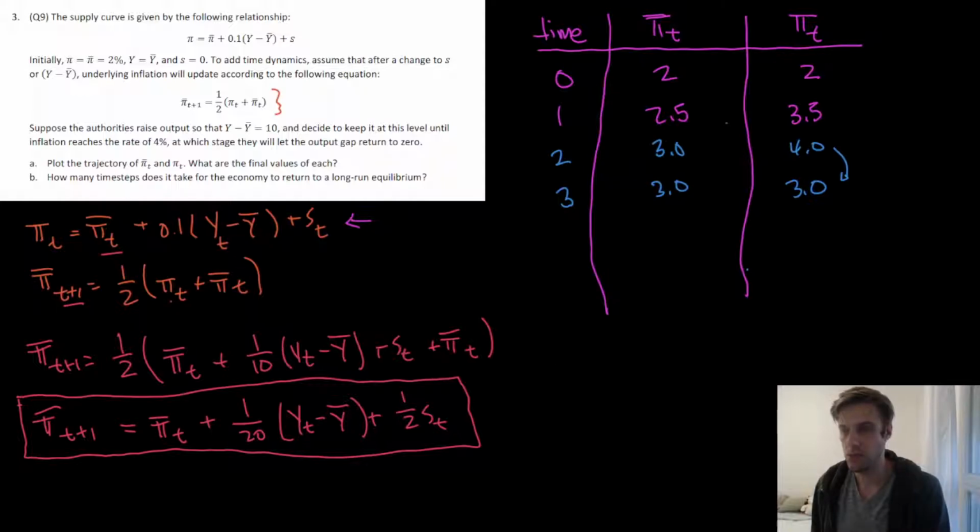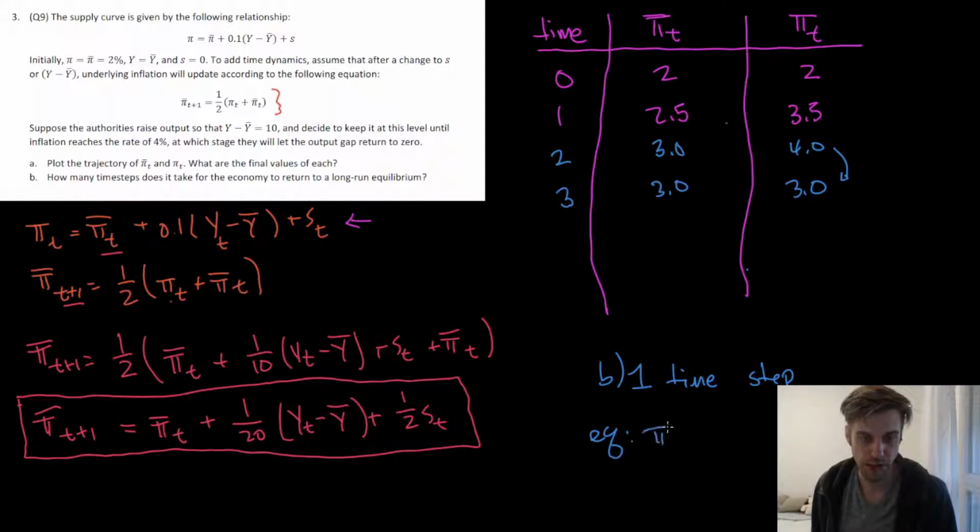So I think that answers the question adequately. We have one time step. So B is one time step. And we even know that the equilibrium is pi bar t equals pi t equals 3. Okay, cool. I will see you in the next one.